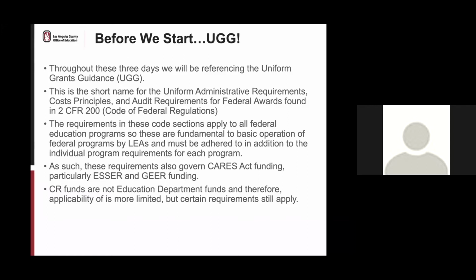However, the Uniform Grants Guidance is fundamental and deals with perhaps more of the fiscal side of the requirements. Many of you were involved with CARES Act funding this year, and because the CARES Act, ESSER, and GEER funds came out of the Federal Department of Education, those funds were guided by the Uniform Grants Guidance.